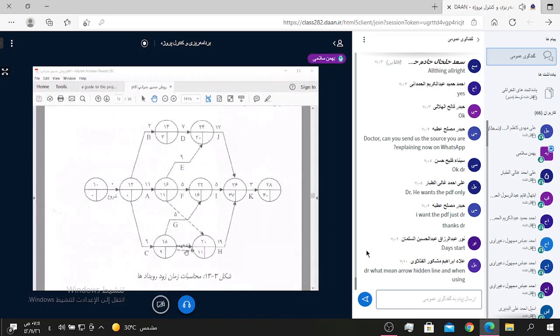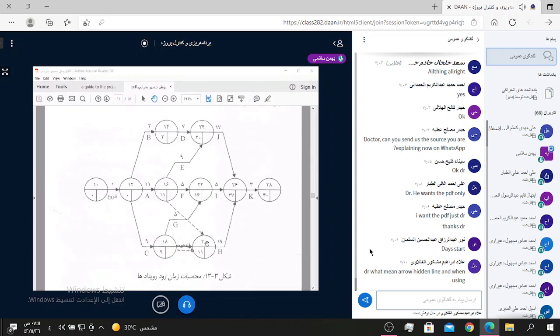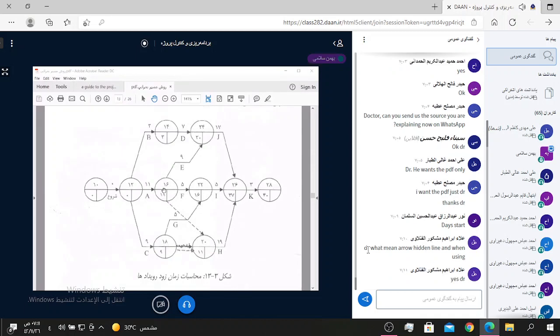I think you speak about the dummy activity, yes? Arrow between 18 and 20 and 16 and 20, yes? No, this is not the hidden arrow.